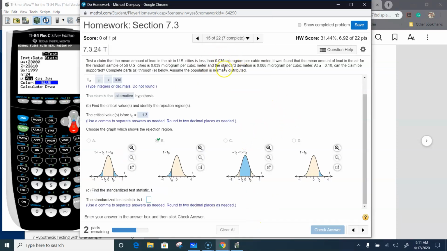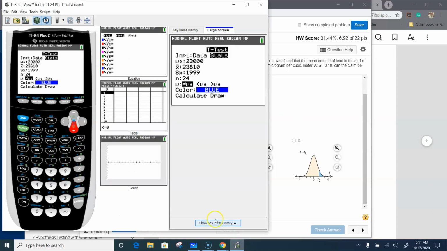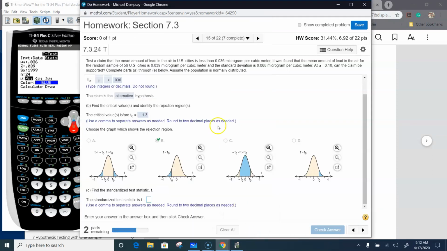So 0.036 was our null. Our sample statistic was 0.039. Our sample standard deviation, what happened there? It was 0.068.